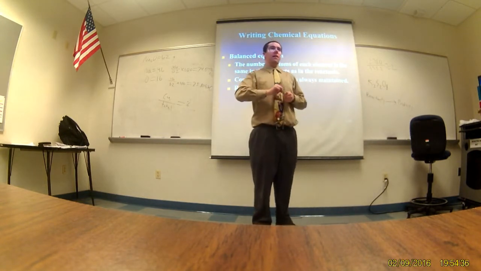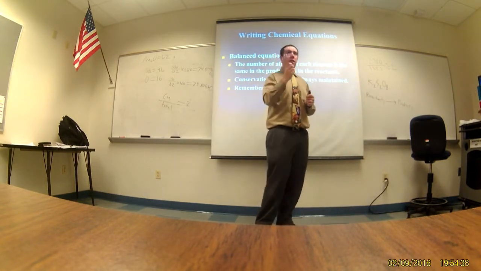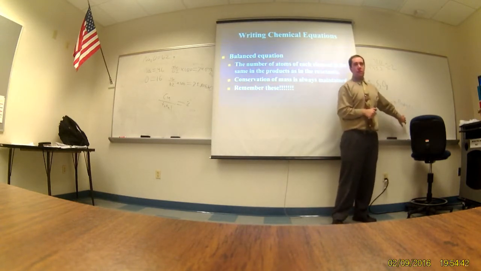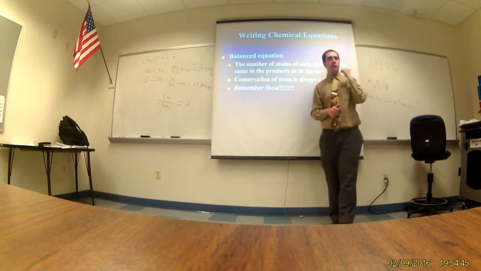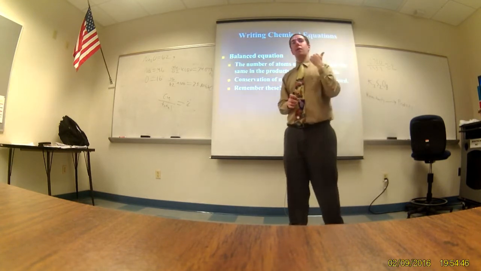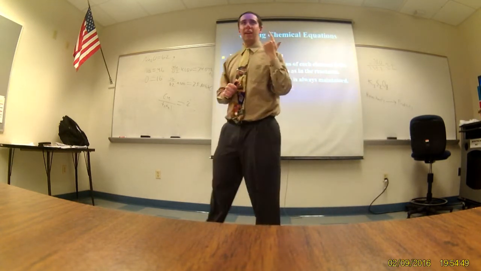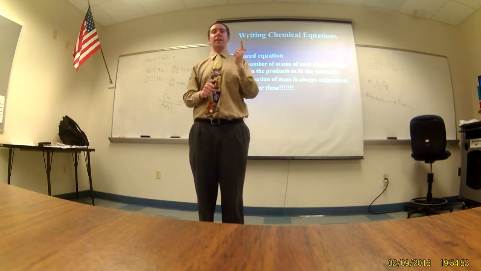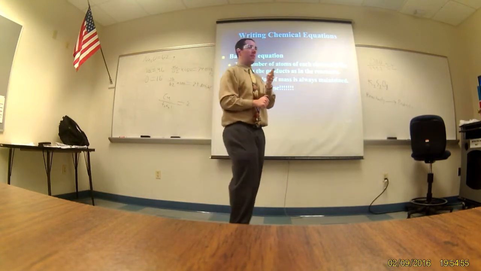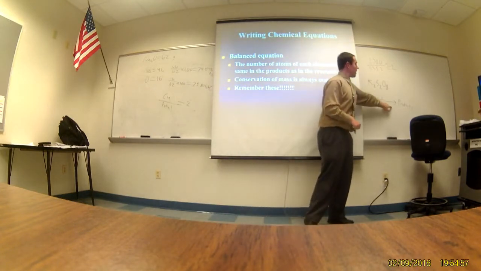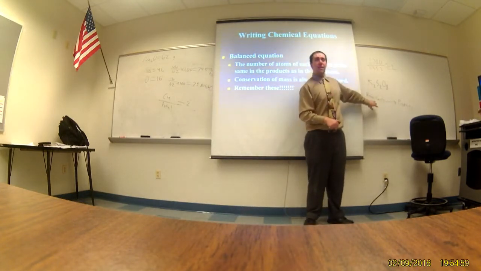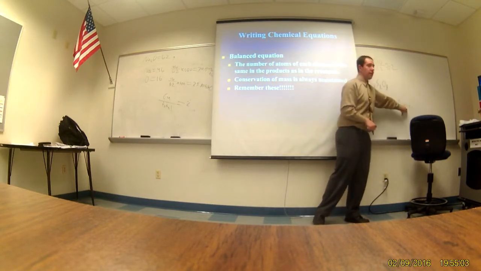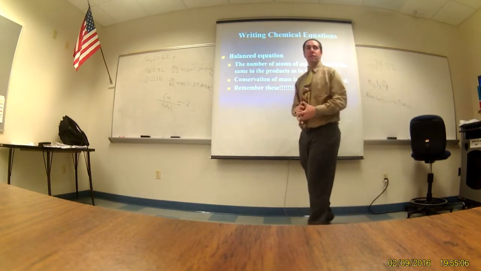And the number of atoms of each element has to be the same on the left and the right. We are not going to destroy atoms. We are not going to make atoms. That is nuclear chemistry. We are not nuclear chemists. We are general chemists. The number of atoms on the left has to equal the number on the right. So that's what we mean by balancing.